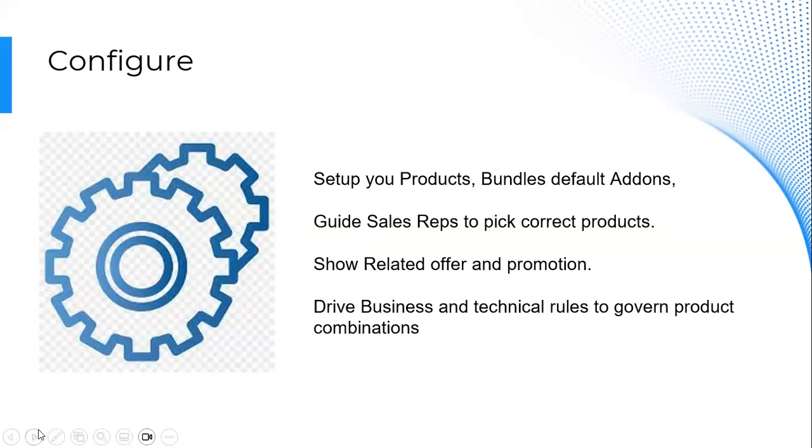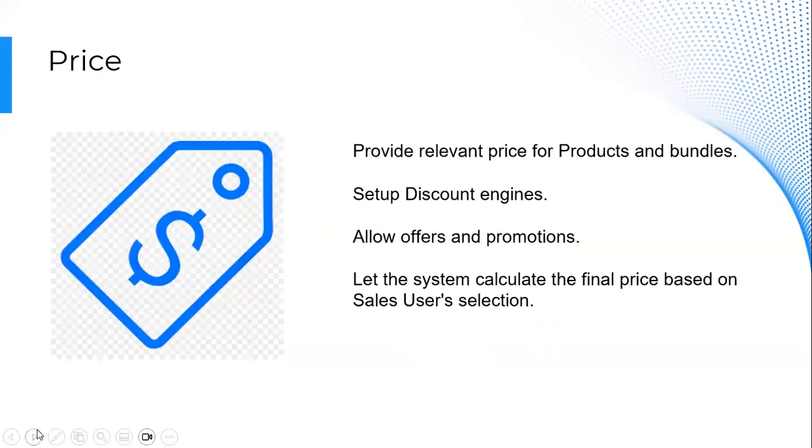What operations come under pricing? Using the pricing aspect of Salesforce CPQ, we can set up our product in such a way that we can provide relevant prices for products and bundles. We can set up discounting engines in Salesforce CPQ. There are different ways to set up discounts for different types of products.